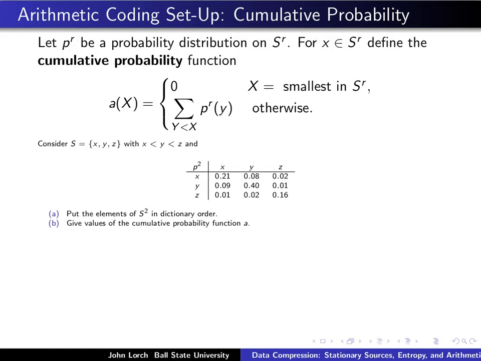The next thing we need to know in order to produce an arithmetic code is the notion of a cumulative probability function. All right, so here's how it works.